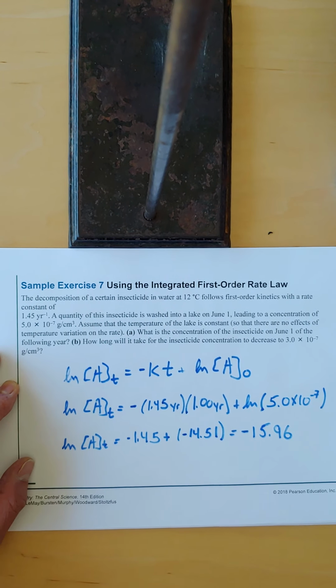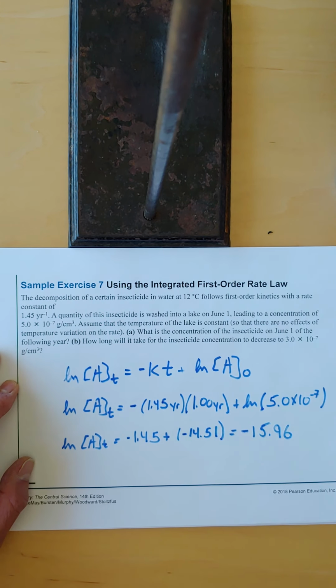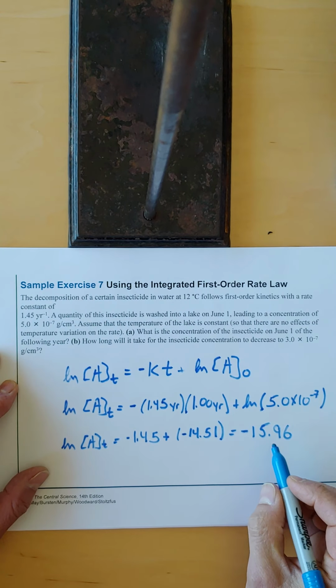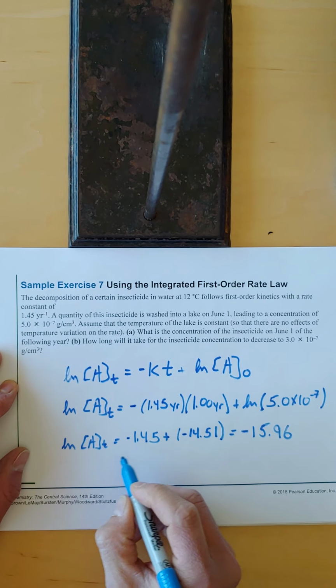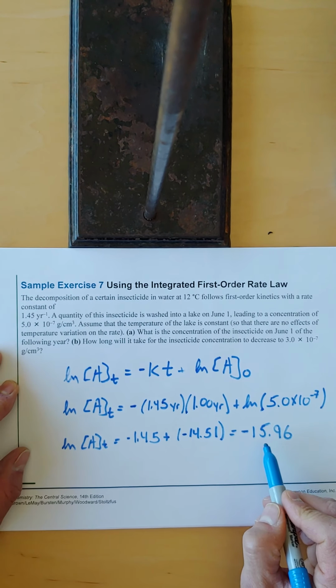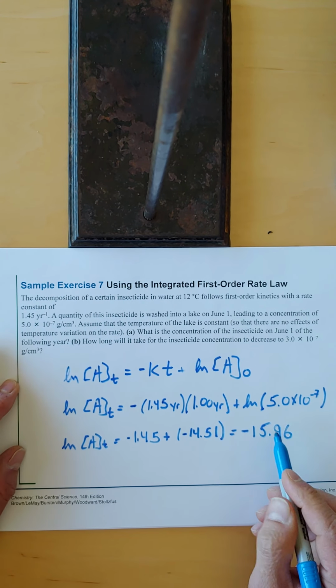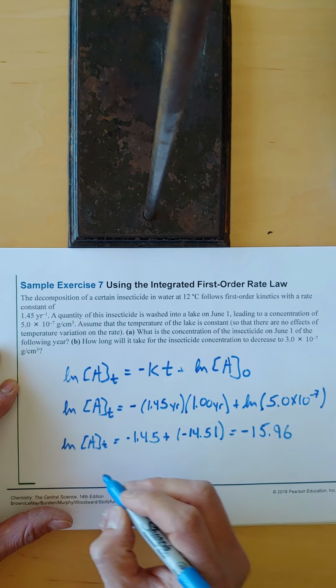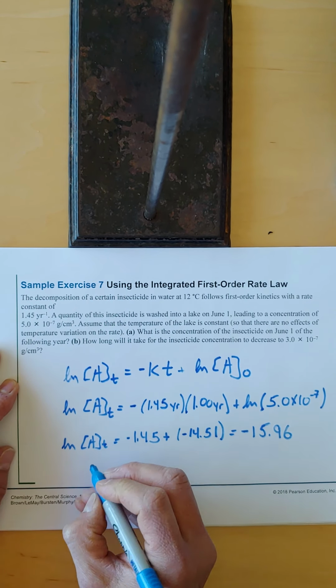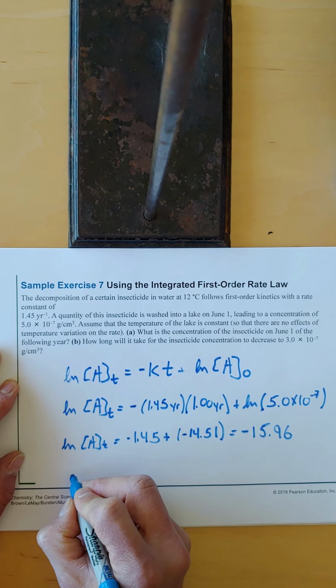So the log of my insecticide after a year is going to be equal to negative 15.96. So if I want to solve for that, I have the log of this equals negative 15.96. Then we're going to use the inverse natural logarithm, or e to the x.